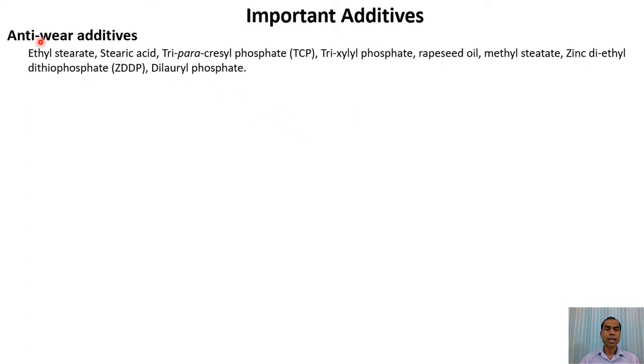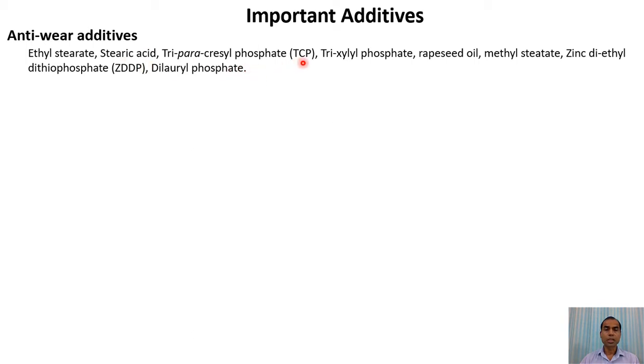The first one is anti-wear additives. This type of additive forms a film on the steel surface, and this film or layer protects the steel surface from wearing out. Some of these can be used for low temperature application, and some of them can be used for high temperature applications.